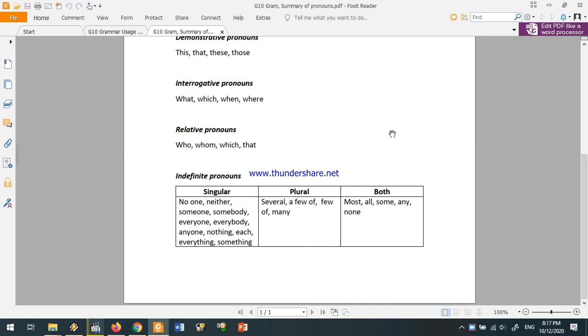The third one is used according to the context, so sometimes it's used as a singular indefinite pronoun, and sometimes it's used as a plural indefinite pronoun. Examples of indefinite pronouns include no one, everyone, neither, somebody, everybody, everything, several, most, some, etc.